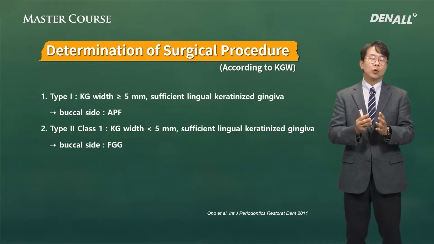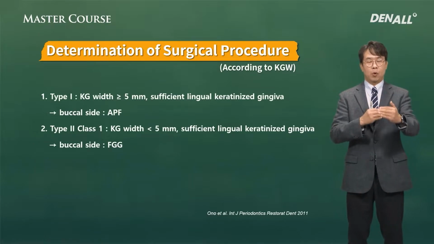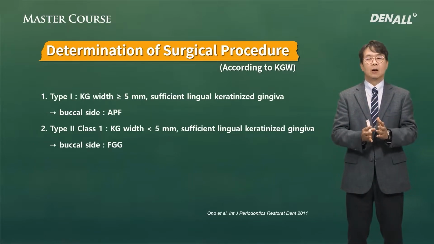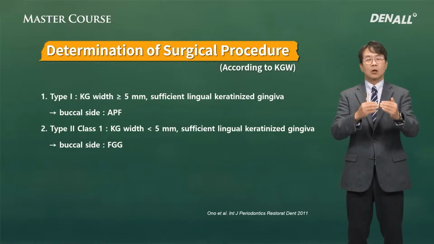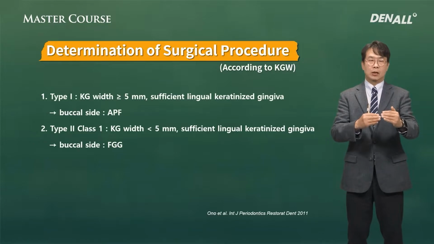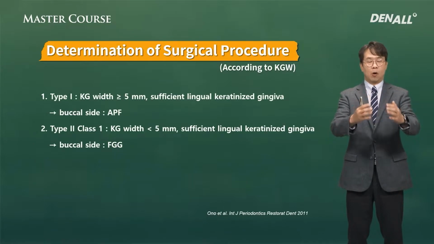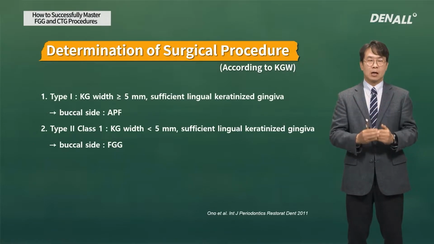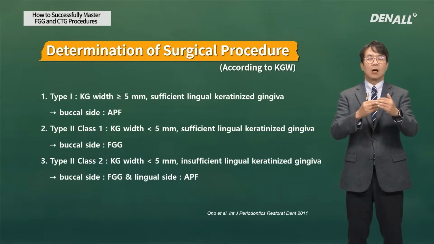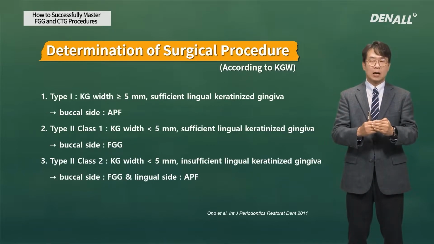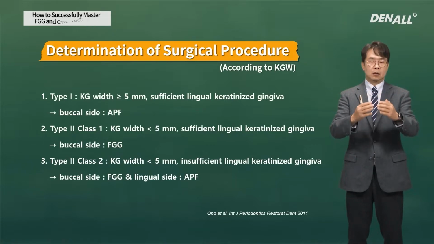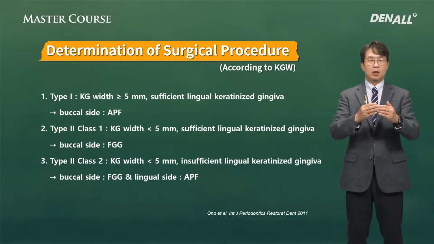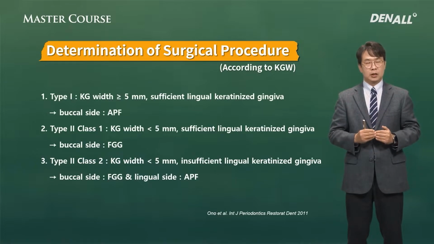If the keratinized gingiva width is less than 5 millimeters and the lingual keratinized gingiva is sufficient, free gingival graft is done on the buccal side. If the lingual keratinized gingiva is insufficient, apically positioned flap on the lingual side and free gingival graft on the buccal side are performed, as you know.